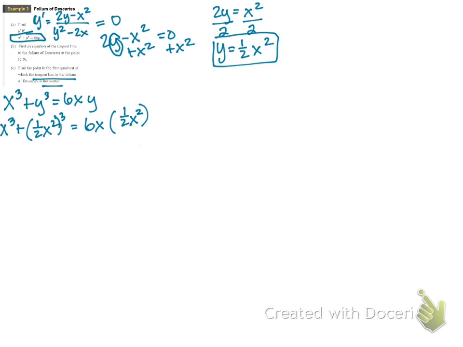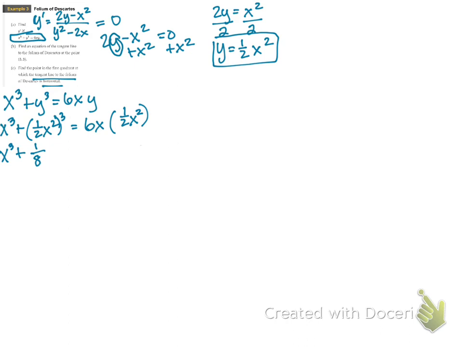So the way this starts working is x cubed plus half of x squared, cubed. I'm going to cube the half as well. 1/2 cubed is 1/8. Good. 1/8. And then x squared cubed.